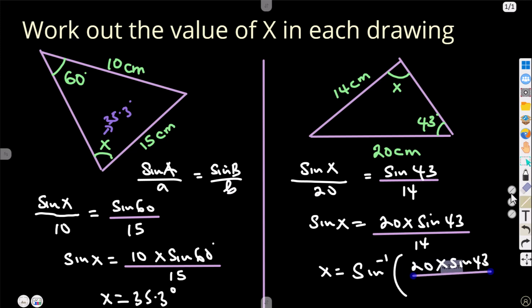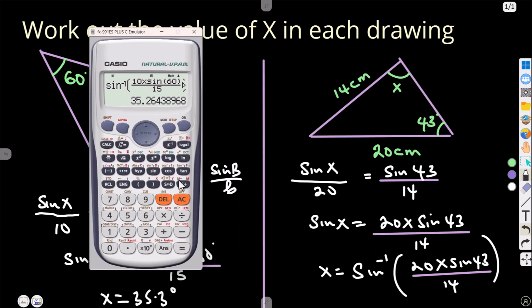To get that done, I will need a calculator. So here's my calculator. I'm going to try everything here. The sine inverse of 20 multiplied by sine 43 and divided by 14.